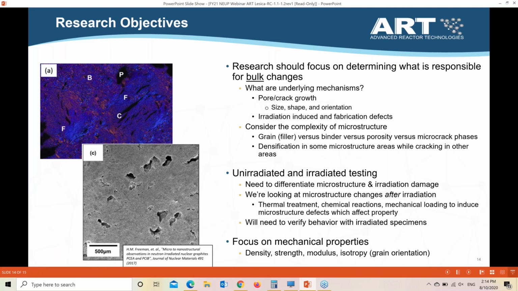We also need to understand and differentiate between unirradiated and irradiated testing, so understanding the microstructure both before and after irradiation. There are some properties listed there that are of particular interest: density, strength, modulus, and isotropy.